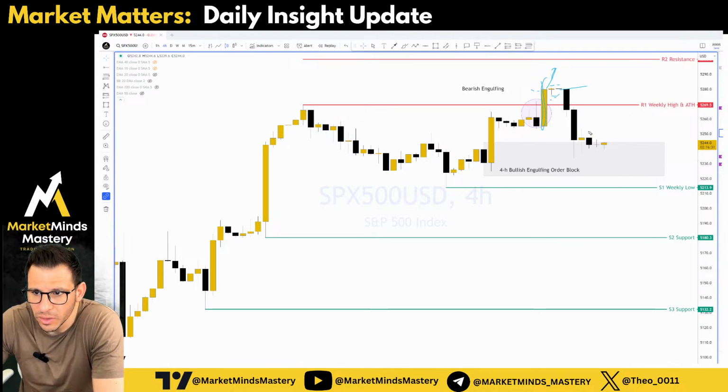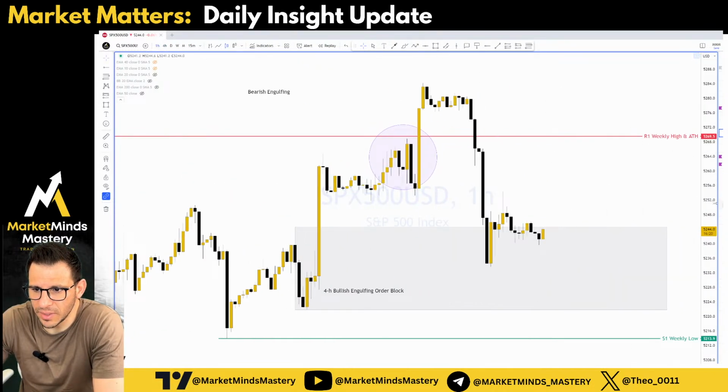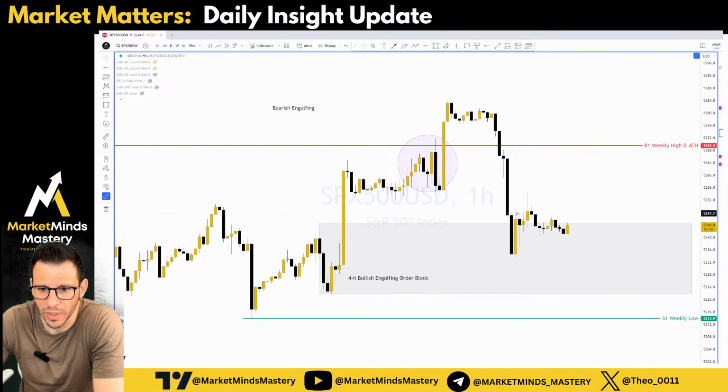Anyhow, we were looking to short this one, and now the price entered into this bullish engulfing order block, which is what we want to see. So that's a real trading example. Now, after it entered into the bullish engulfing order block from the higher time frame on the 4-hour chart, we see it created another bullish engulfing order block here on the hourly time frame.